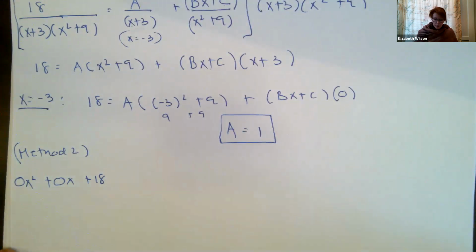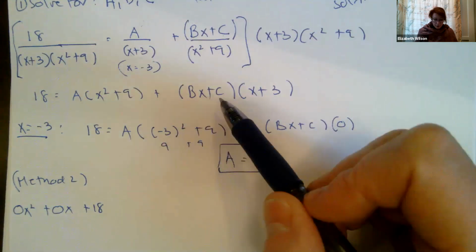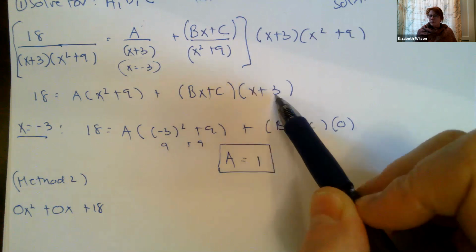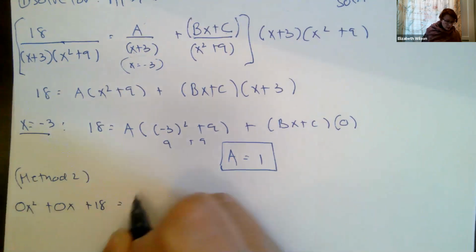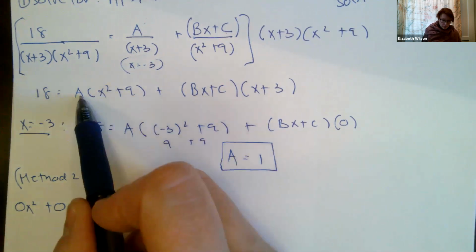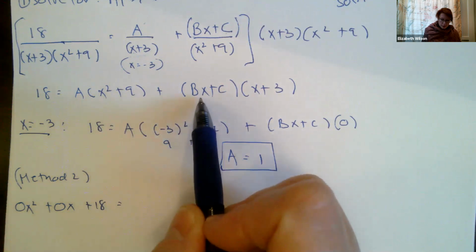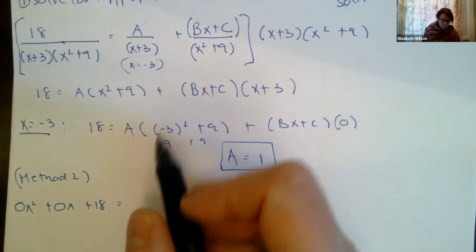You don't need to put the -3 into the bx plus c because you can, right? But we're going to plug in -3 right here, which is going to make it equal to 0. Okay, so let's do it right here. So now I'm going to write this out. I've got a times x squared plus 9, plus bx plus c times x plus 3. The first thing I'm going to do is multiply.